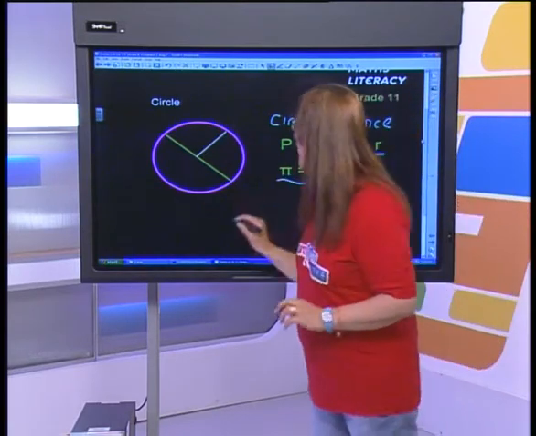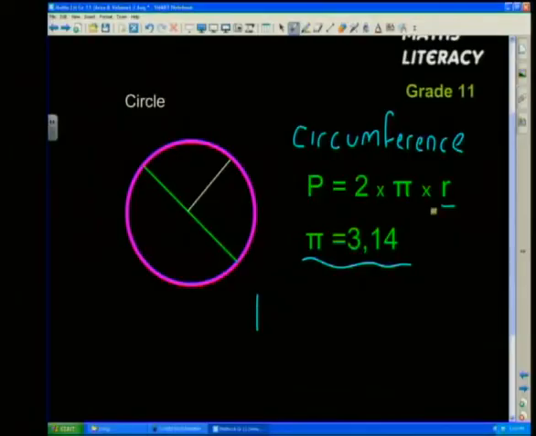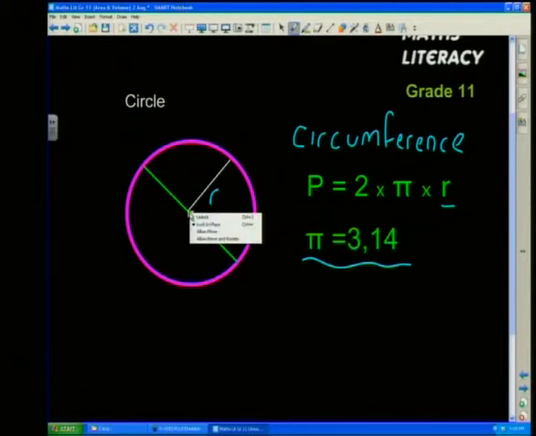The other formula that I could actually use for the circumference or the perimeter is, let's go back to our circle. My radius is from the center to the outside of the circle. If I go from the circumference to the center to the outside, I've basically got one radius here and one radius here. I've got two radii.